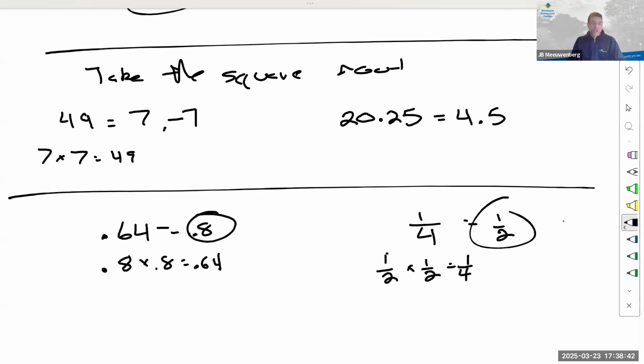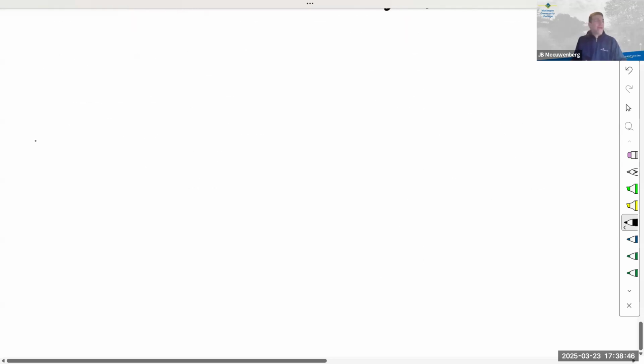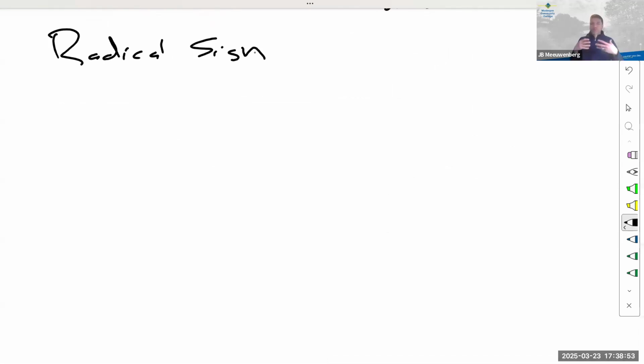Now, the symbol that I showed you earlier on that calculator is called a radical sign. So sometimes you'll hear people talk about a radical number. Radical 4 means the square root of 4. And the sign for a radical is this. Historically, it came from the letter R. It evolved from the letter R for radical.